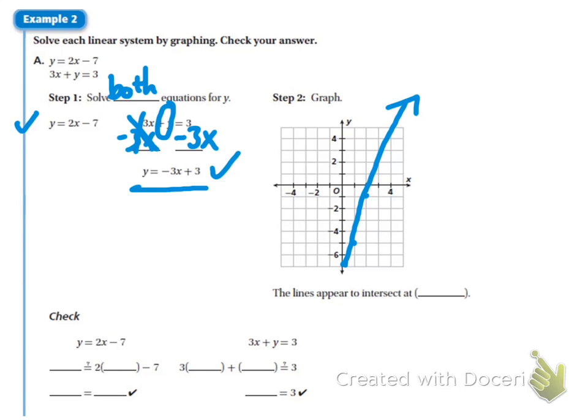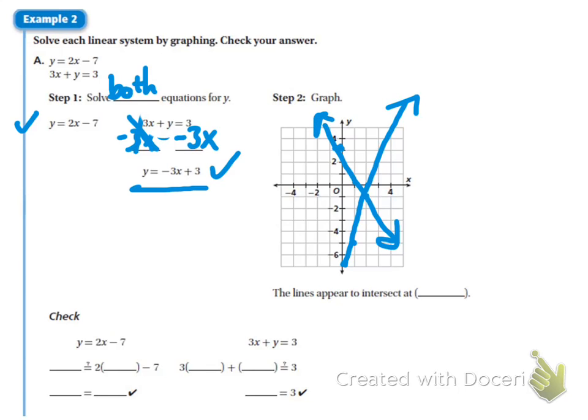And then my next equation, when I put in 0, it is here, 0, 3, and then put in 1, and then I get 1, 0.